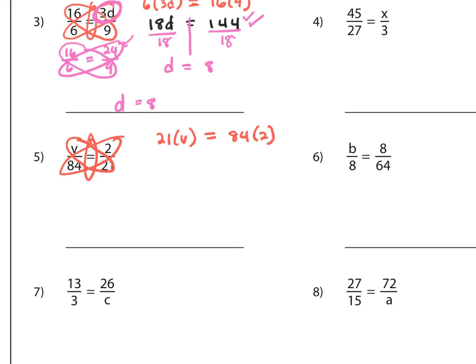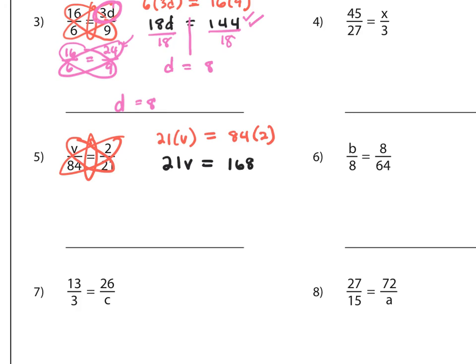So my next step would take 21 times V, and this is as good as that's going to get. We prefer it without the parentheses. I'm going to bring down my equal, and 84 times 2 would give me 168.